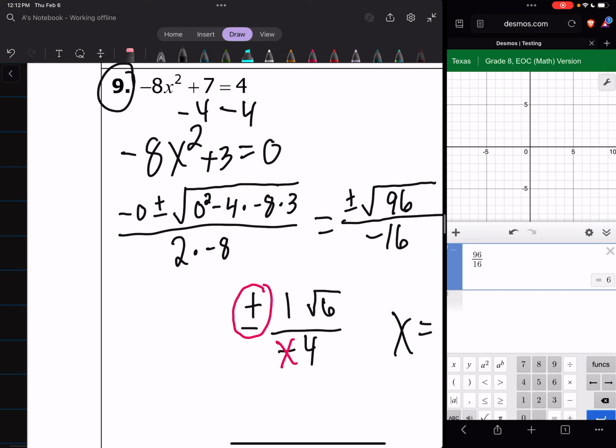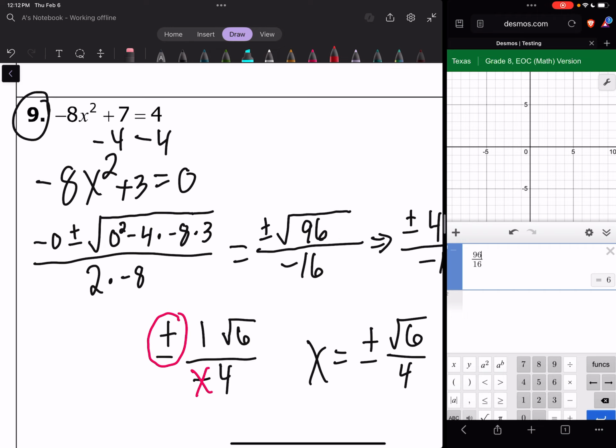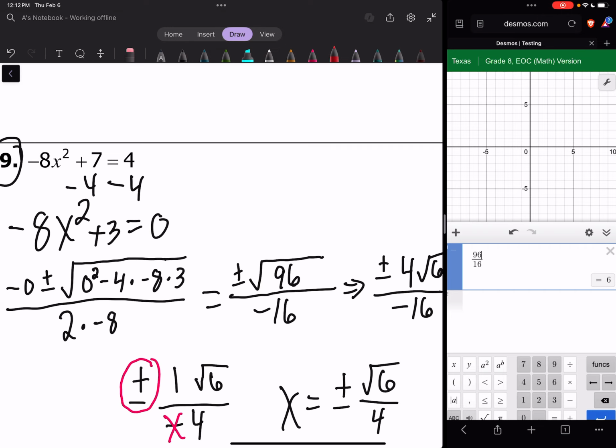Way number 2. If I have negative 8x squared plus 3 is equal to 0, and I was to solve this by the square root method, I would subtract the 3 over, divide by my negative 8.